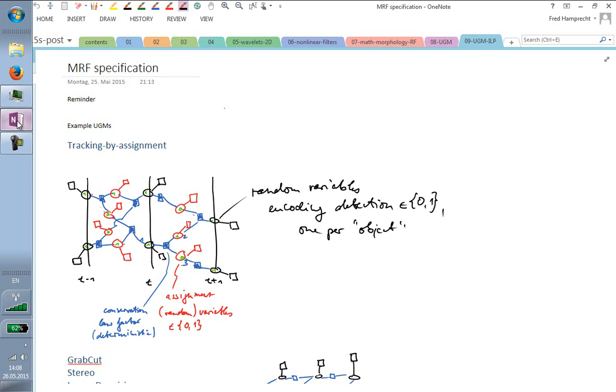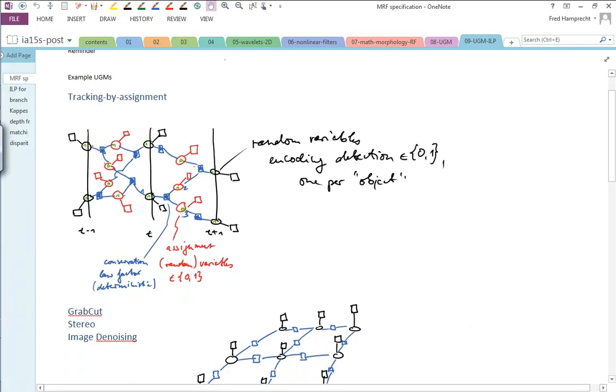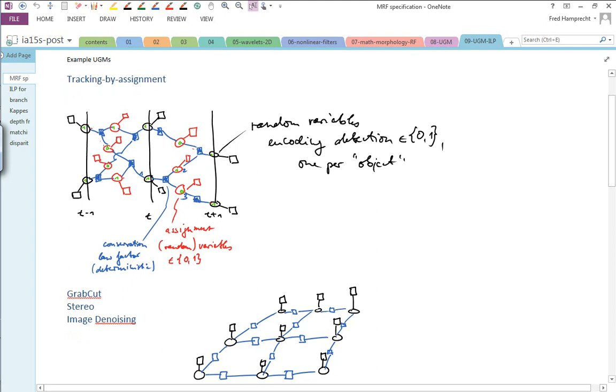Okay, so in terms of models, I mentioned this tracking by assignment. Here we had the detection random variables shown in blue.